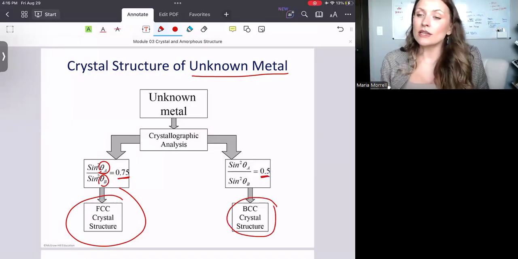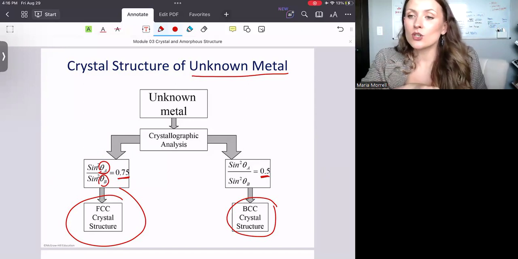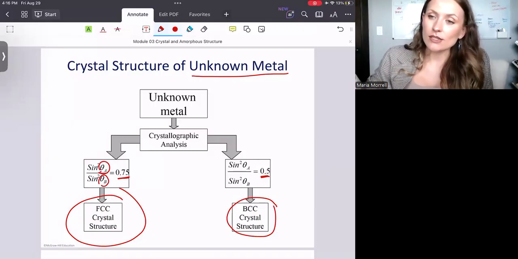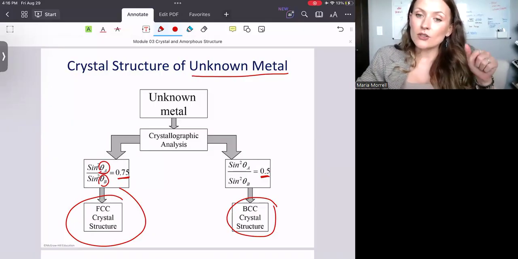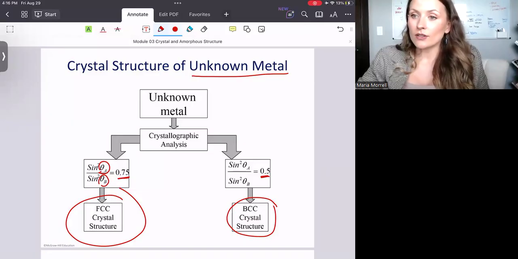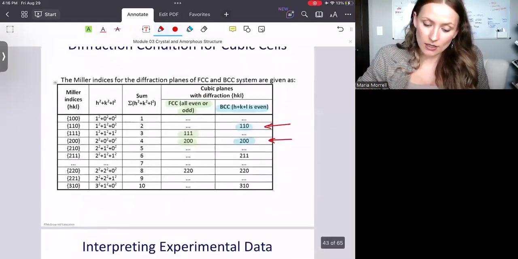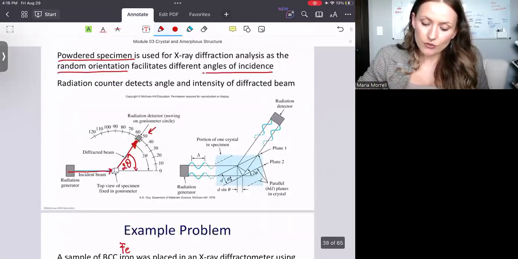From that moment on, this alone is not enough for me to tell which crystal it is, because earlier we've seen that we have a bunch of crystals that can be FCC and a bunch of BCC crystals. So part of the crystallographic analysis is also to find a, the lattice constant. We just did an example like this, and I'll go back to show you.